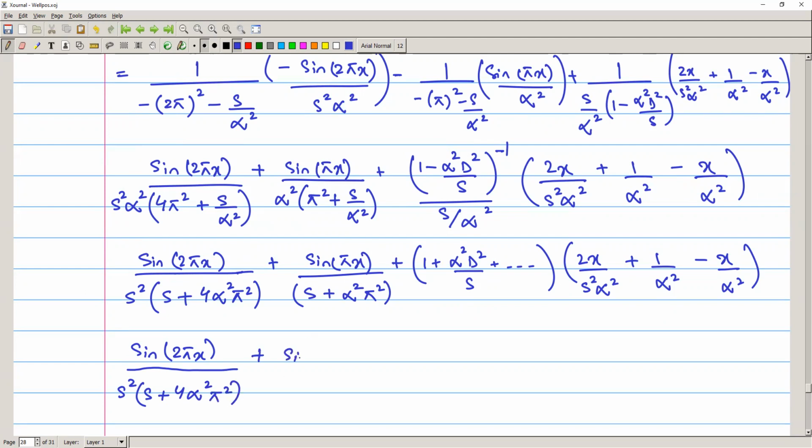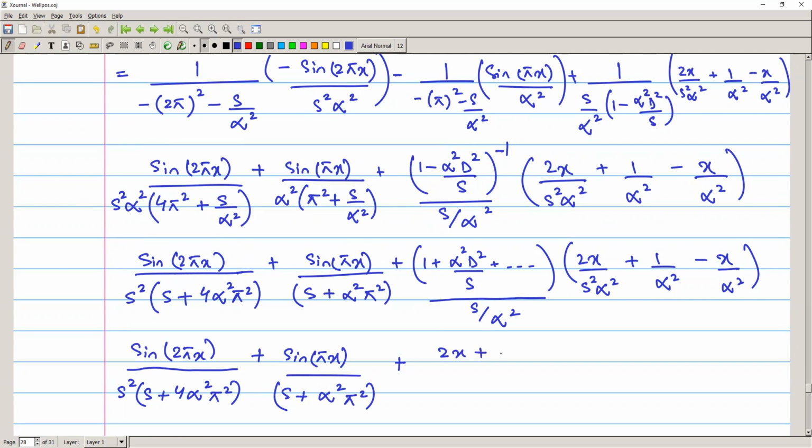Plus sine pi x, and I forgot to write s over alpha squared here, s plus alpha squared pi squared, and then plus, when this one multiplies with this, we will be left with 2x.